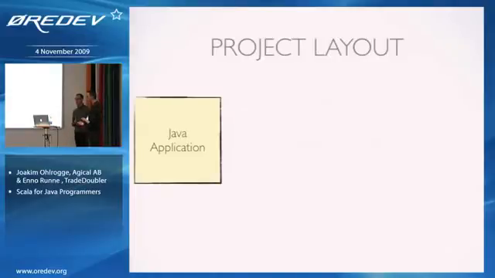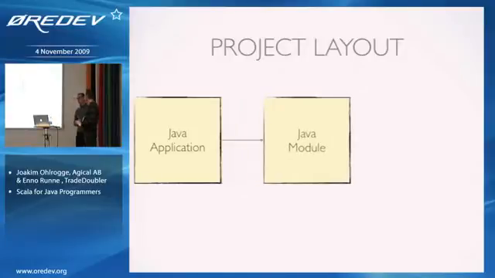The first problem you will have when you want to convert from Java to Scala is how do you create your project layout? How do you organize your Scala and Java code? So here's something that we found works. First, you refactor your Java code. You take one module, one part of the code that you want to change to Scala. Start with one module only.